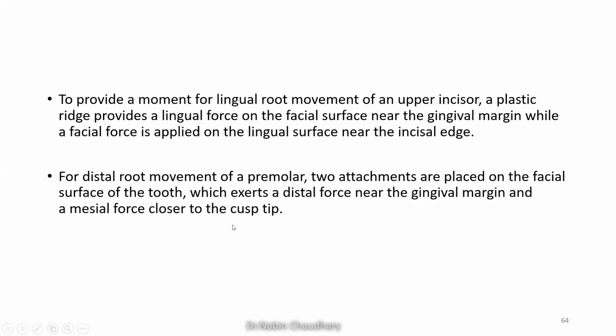And in the case of distal movement of the premolar, two attachments can be placed. That is, one on the facial surface of the tooth, which will exert a distal force near the gingival margin, and another mesial force can be applied closer to the cross strip.